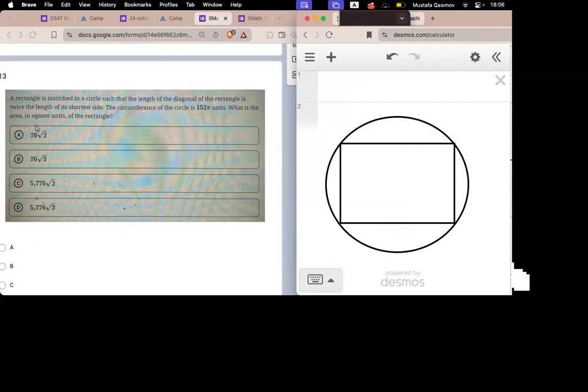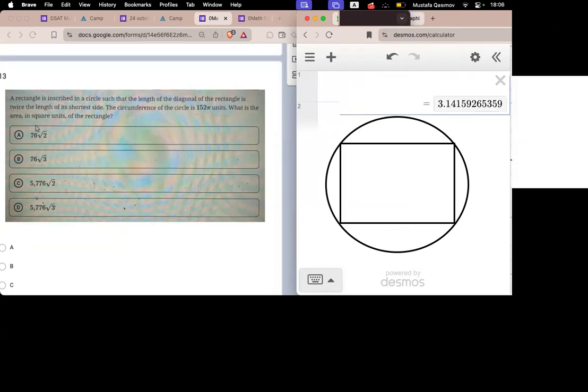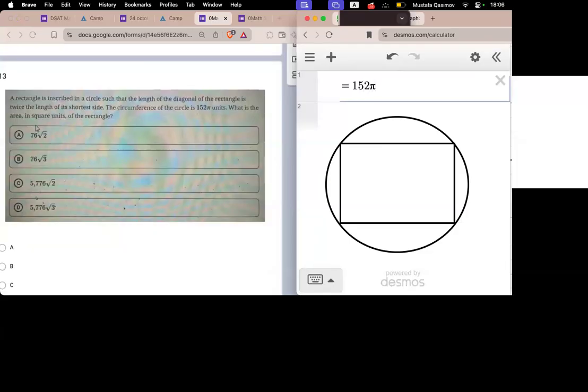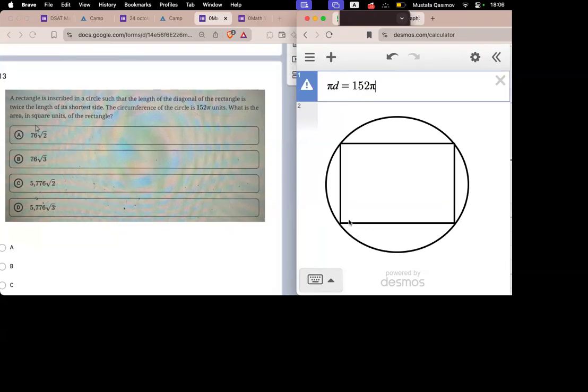Then says that circumference of circle is equal to 152 pi. We can find its diameter using this formula. PD is equal to 152 pi. And from here we can say that its diameter is equal to 152. So it means that from this point to this point, it is 152, right?